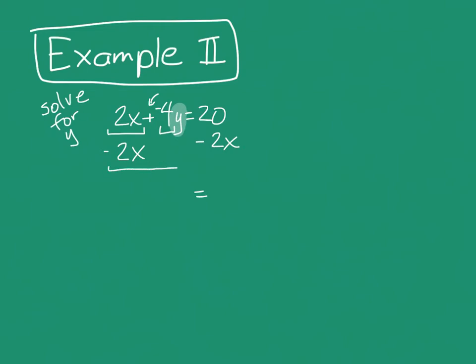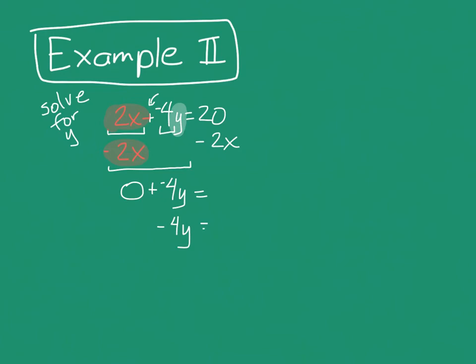On the left side, notice the 2x's cancel each other. One's negative, one's positive, so they're gone. We get 0 here. 0 plus negative 4y, which is just negative 4y, right?